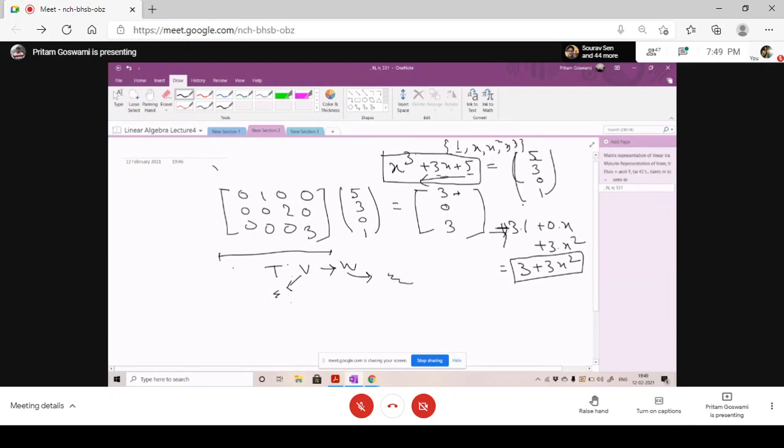And if there is no basis given, you can consider the standard basis. Like here, I have not given you any basis, so you have considered this as a basis, right?